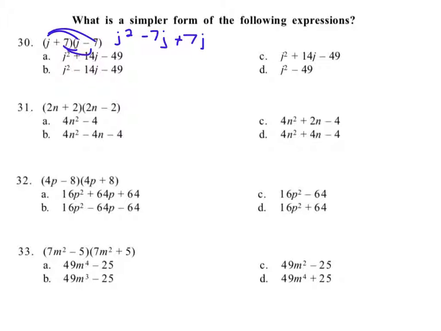And then last, 7 times negative 7 is negative 49. And when we combine the two terms that are the same, the j terms, we've got a negative 7 and a positive 7, and they cancel out exactly, leaving you no middle term, no j term. You've just got j squared minus 49.